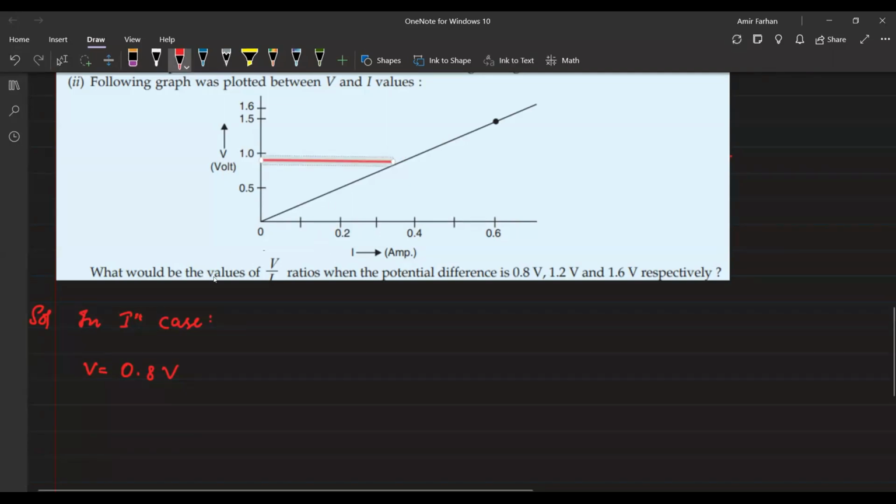if your value is the resistance will be equal to 2.5 in this case. How? First, 1.6, let's match the 1.6. 1.6 will be here.